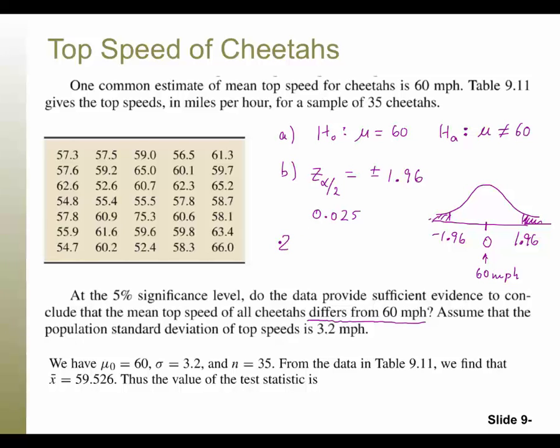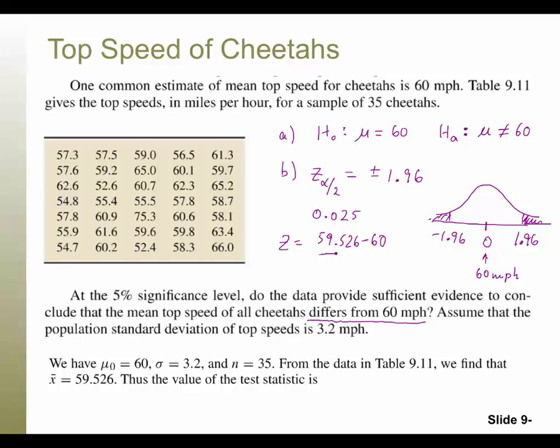So what's our z-score for the test? Well, you should have done 59.526 minus 60. That numerator is just how far in miles per hour we're away from our hypothesized value. So we're a little bit below.